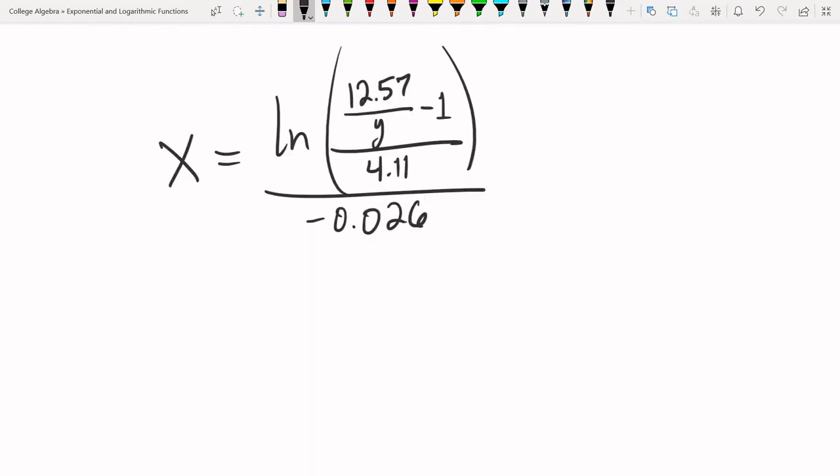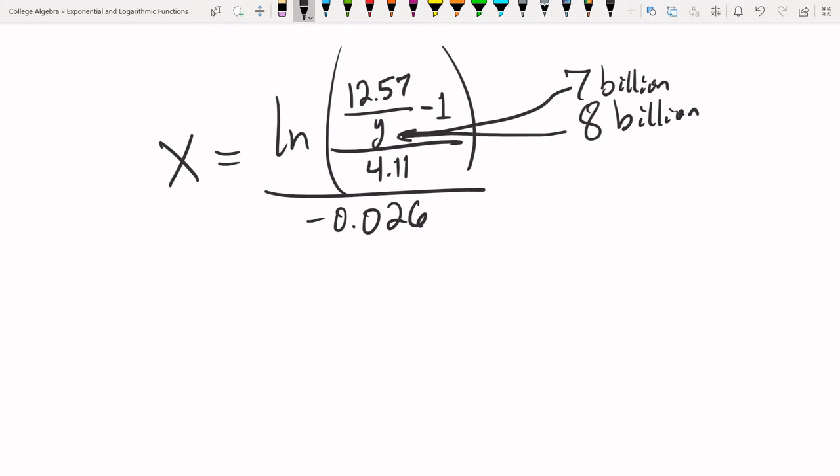Now, the problem was 7 billion and 8 billion. So what we're going to do is take the 7 and plug it in for y, and then take the 8 and plug it in for y. So for x, we're plugging in 7. This is just shorthand for x plugged in of 7. Let me plug it in the calculator and see what we get.